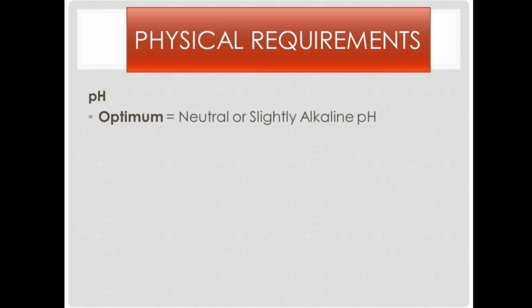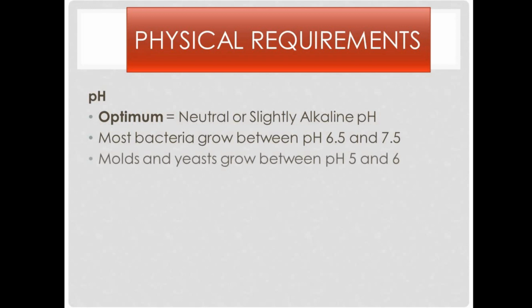The optimum pH of an organism, okay, so they need to have a neutral or slightly alkaline pH to survive. Most bacteria grow between the pH of 6.5 and 7.5. Molds and yeast grow between pH 5 and 6.